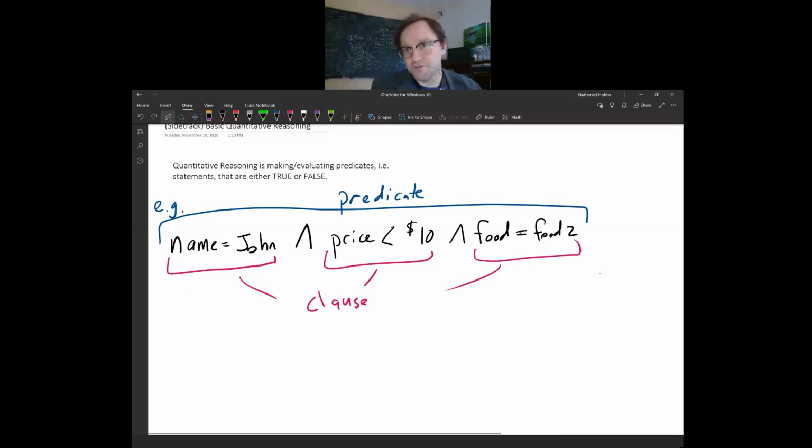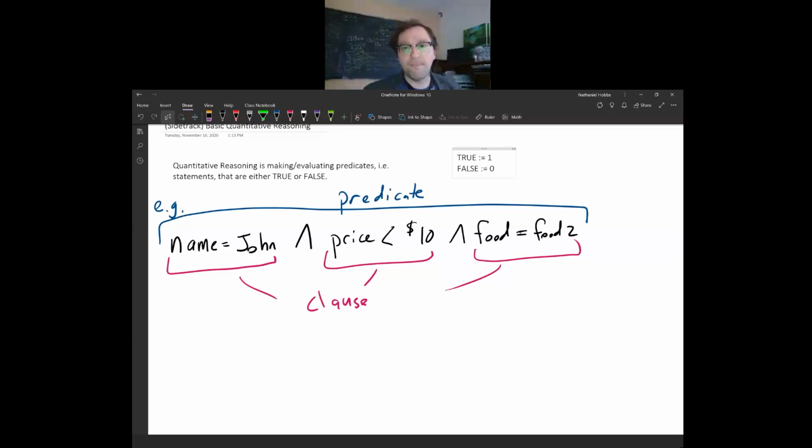So each of these clauses gets evaluated as being true or false, and then the entire predicate is evaluated. And by the way, true is 1, false is 0.